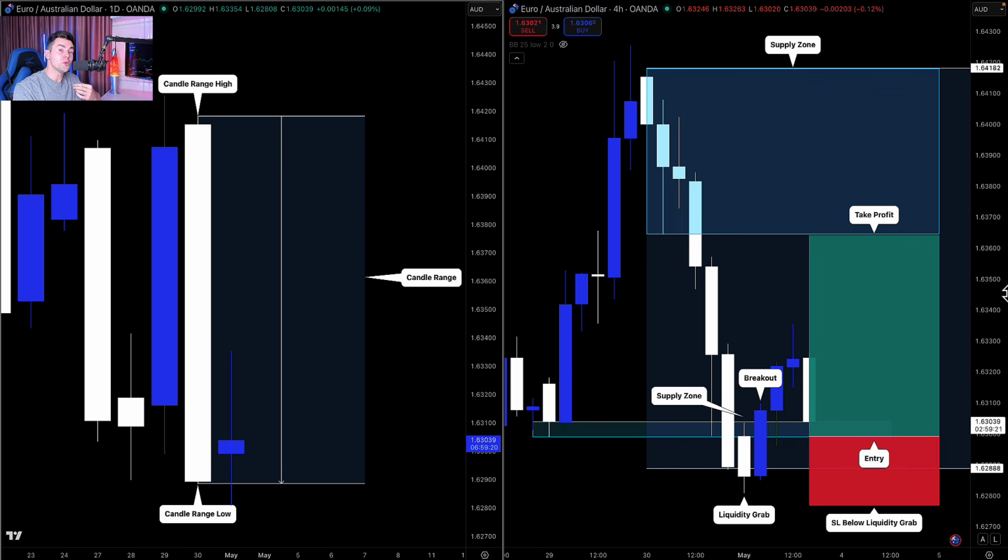Now let's discuss how to trade a range of a bearish candle. Here on Euro Aussie pair on a daily time frame, I see a strong high momentum bearish candle with tiny wicks. That will be the perfect candle for trading CRT. After this candle was spotted, I started analyzing 4-hour time frame.